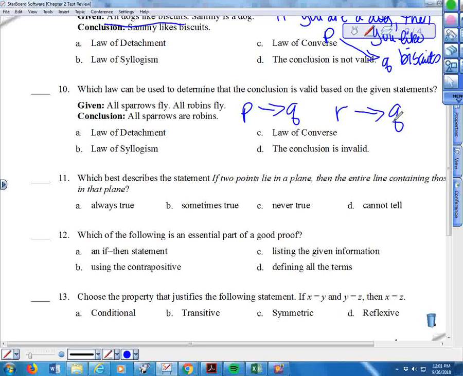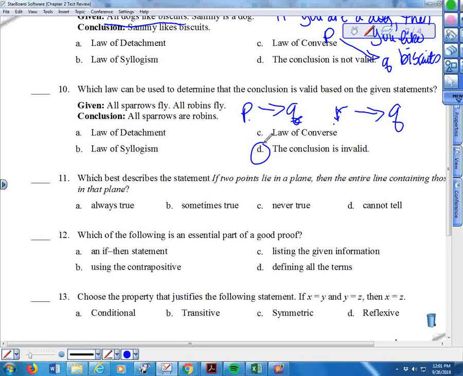I could make that conclusion. But what they gave me was, if you are a sparrow, then you can fly. If you are a robin, then you can fly. So these two did not match up. They were not the same. Does that make sense? The conclusion here was Q, you can fly. The hypothesis here has to be you can fly for the law of syllogism to work. Okay? So there is no conclusion you can draw from this statement.